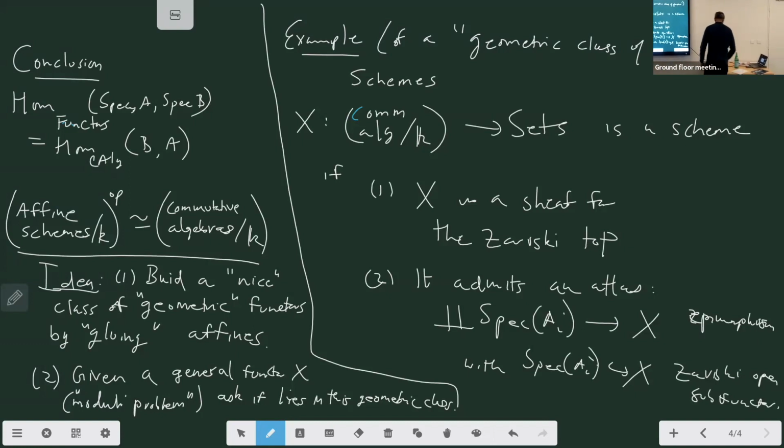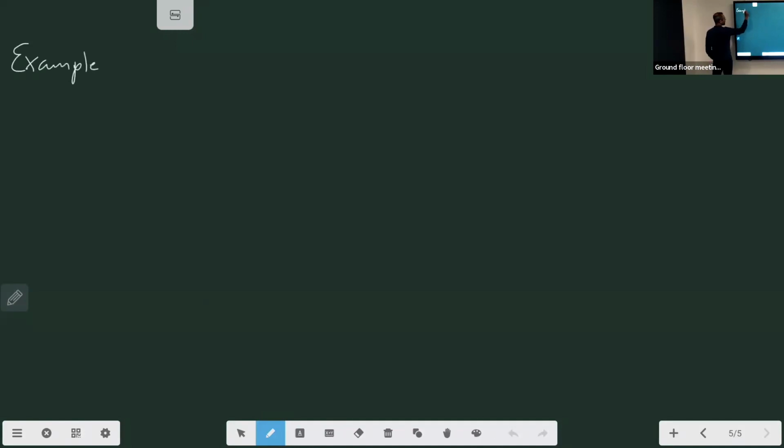Okay, so let me give you some examples of moduli functors. This is, I think, example 2, because the first one was like spec A. So here's a functor.